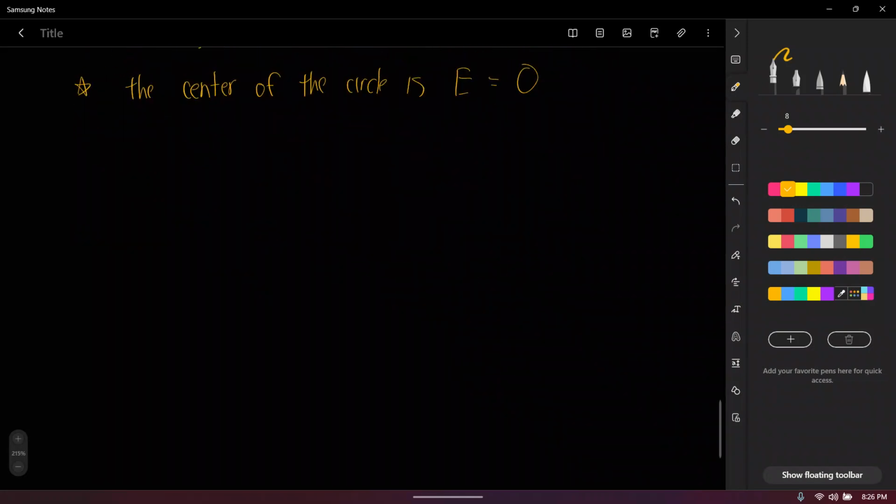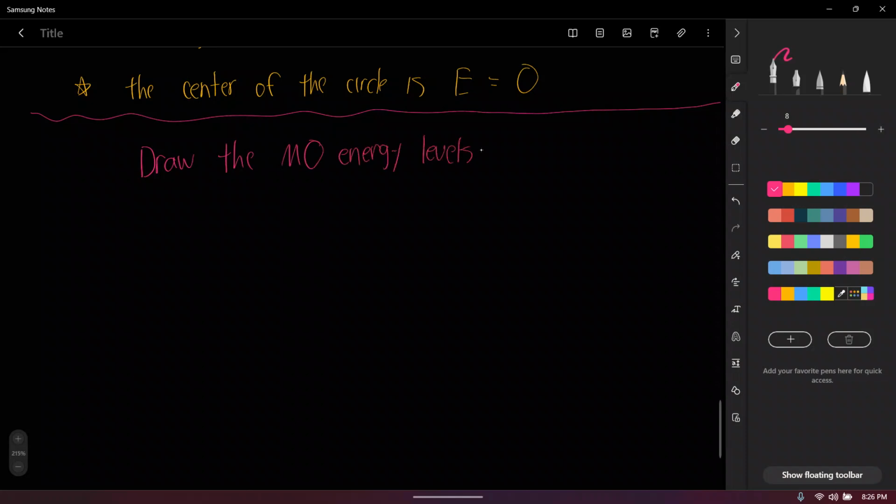So what does all of that mean? It means that if I gave you the question and said draw the molecular orbital energy levels of benzene, how would you do that? You would do it by doing a Frost circle. So I draw my circle.